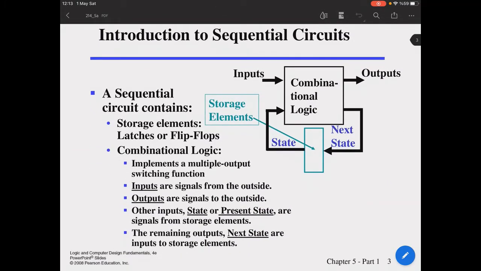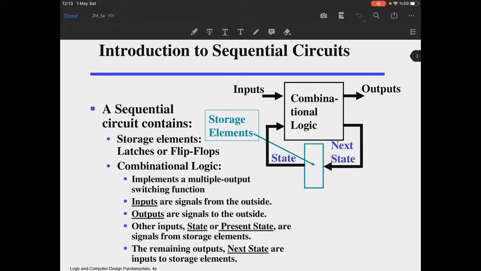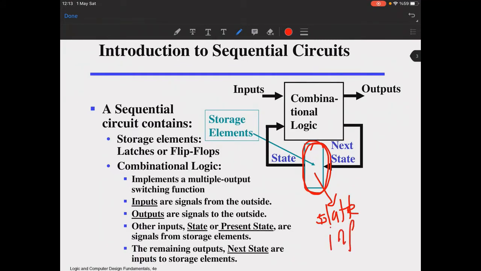Okay. A sequential circuit contains the storage elements, namely the latches and flip-flops here. They hold your state information right here. Okay, I wrote it very badly, but I mean it.